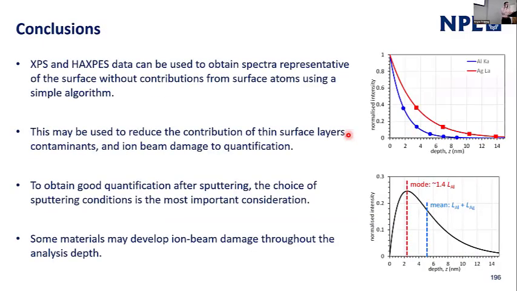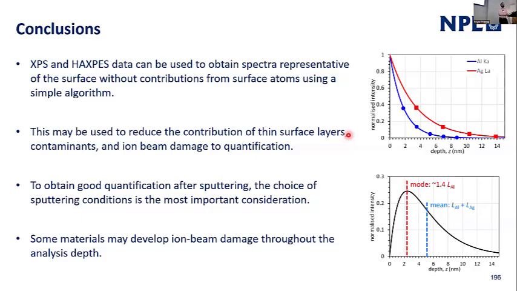So just to conclude, this is an example where XPS and HAXPES data can be combined and used together so that we can treat the data in such a way that we can remove the altered layer of the surface using a simple algorithm. It can be used to remove the contribution from things like sputtering damage.